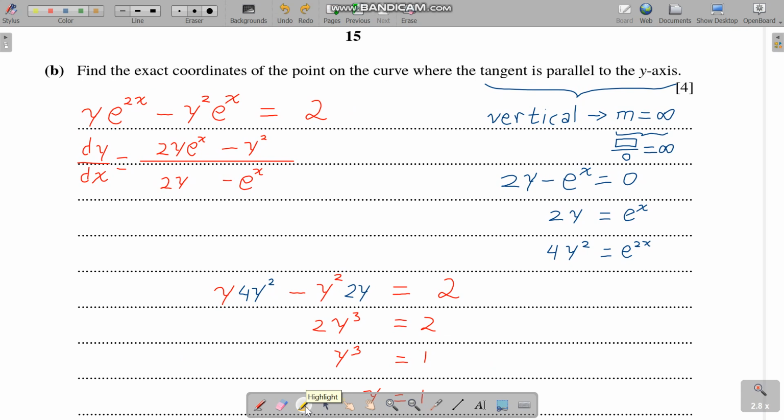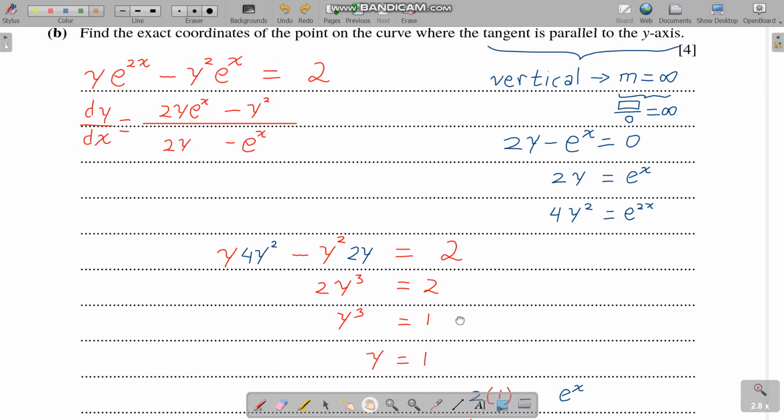From the original curve equation in the first part, we replace e to the x with 4y squared, and we replace e to the x with 2y because of this. So this is 4y cubed minus 2y cubed, which is 2y cubed. Divide both sides by 2, take the cube root, we get the y value.